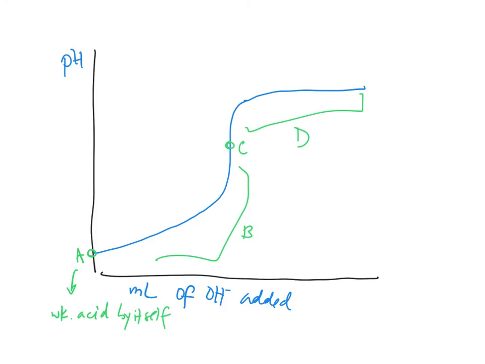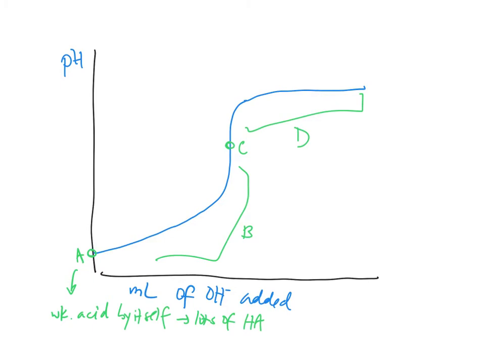And because it's a weak acid by itself, there's lots of HA and not much else. So there's HA floating around in water, and relatively very little H+ or A- or anything else. So that's our predominant thing.